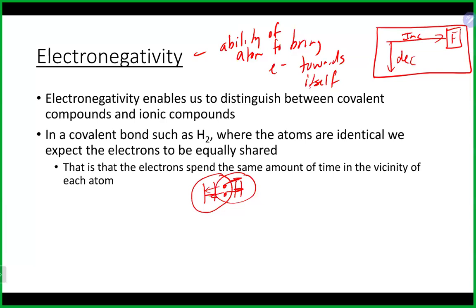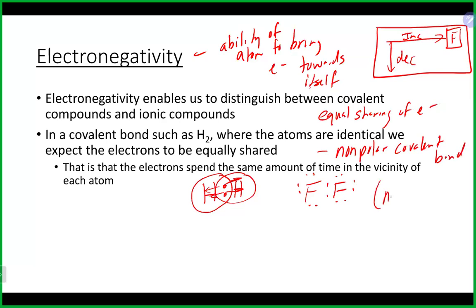If you have people on both sides of the rope pulling equally, the flag's just going to stay in the middle, right? So that's the idea here. We're going to have an equal pull on those electrons. That's going to result in those electrons being shared equally. Same thing if we looked at our fluorine in this case. Between the two fluorines, they will also share the electrons equally. A situation where we have equal sharing of electrons is what is known as a nonpolar covalent bond.